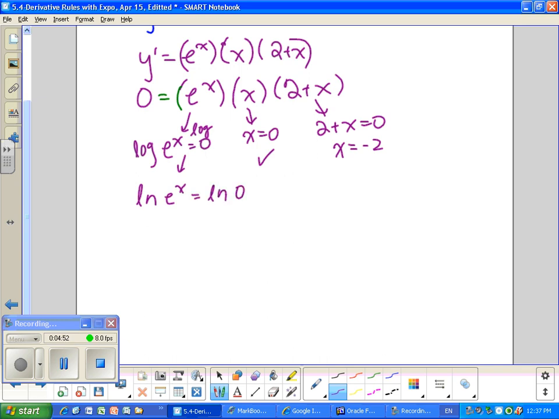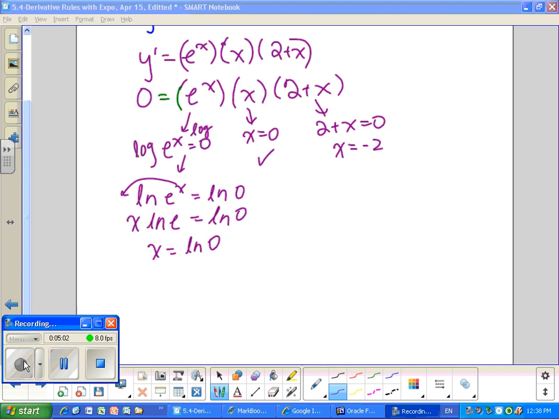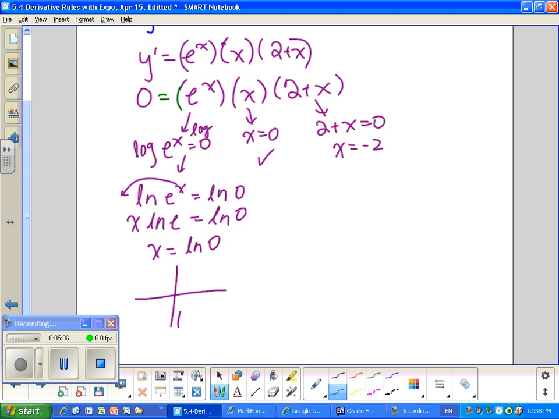So when you take the ln of e to the x, the ln will still bring that exponent down. Why would we pick ln here instead of log? Once you've solved and you have x equals ln 0, if you remember the ln graph, a ln graph will never touch when the x value is 0. So ln of 0, you will not reach there. So this one does not exist.